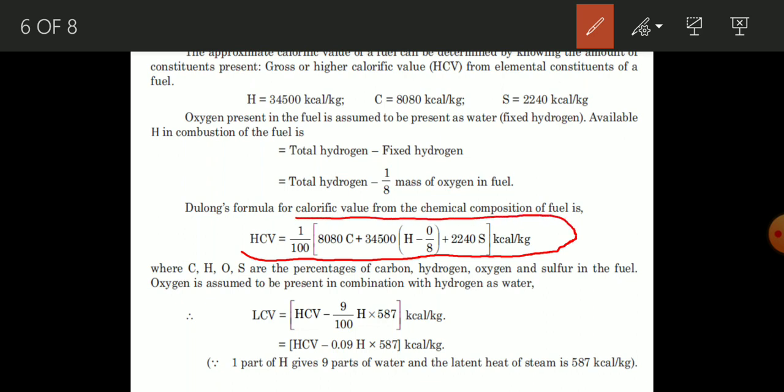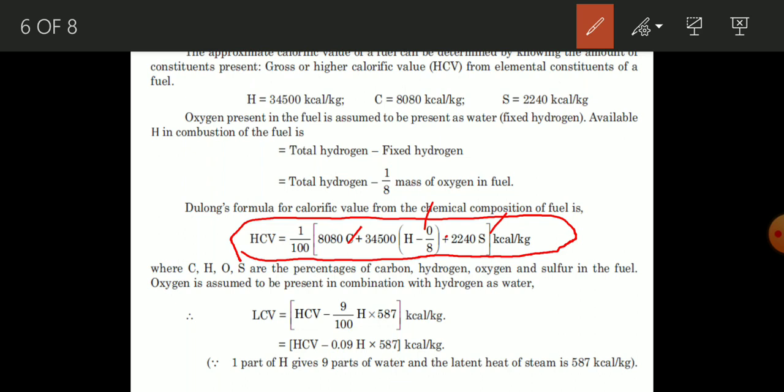This formula was given by Dulong. Here, C is the percentage of carbon, H is the percentage of hydrogen, O is the percentage of oxygen, and S is the percentage of sulfur in the fuel.